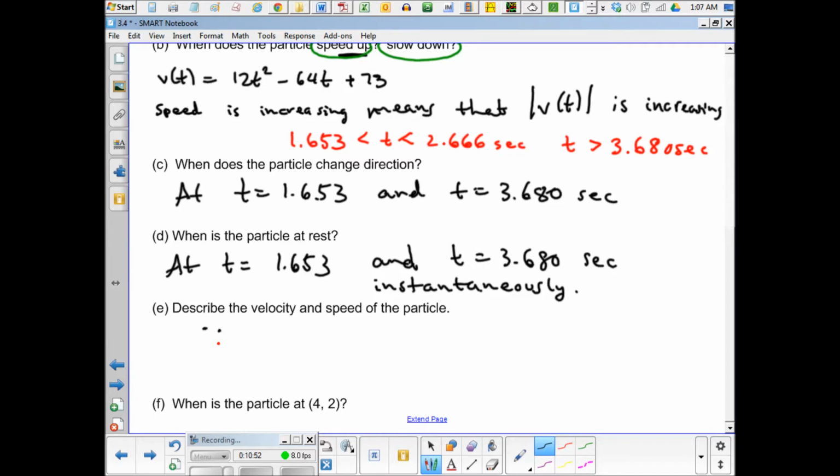Okay. The particle started with a positive but decreasing velocity.